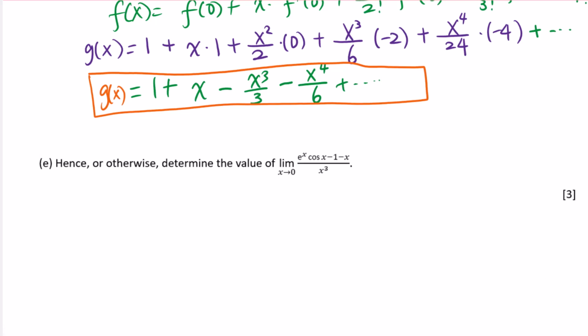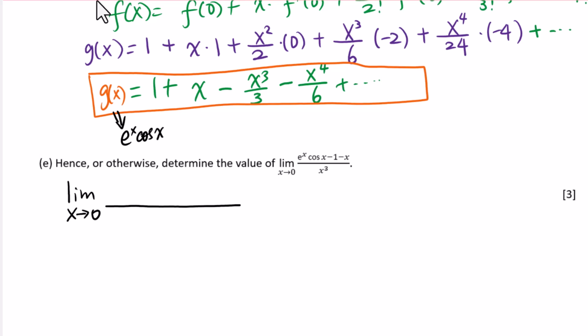Let's go to E. Hence or otherwise, determine the value of the limit as x approaches 0 of this. Limit as x approaches 0 of e to the x power times cosine x, which is g of x.